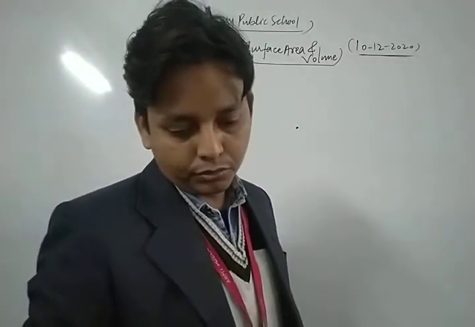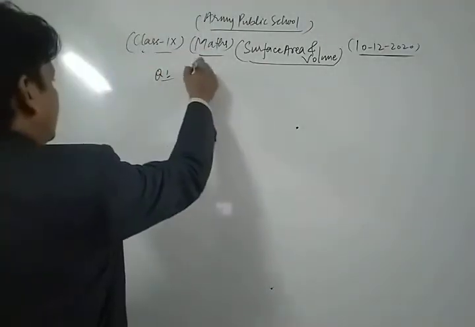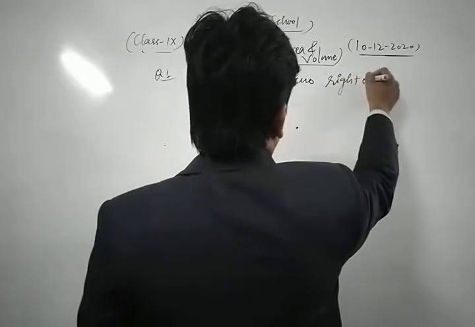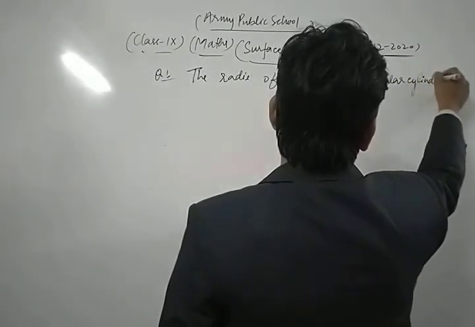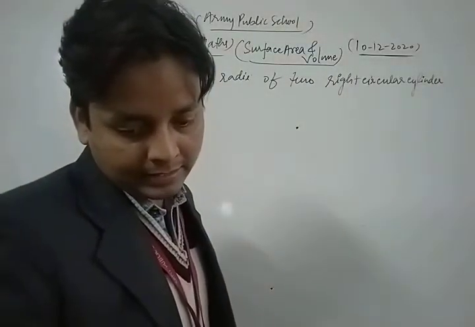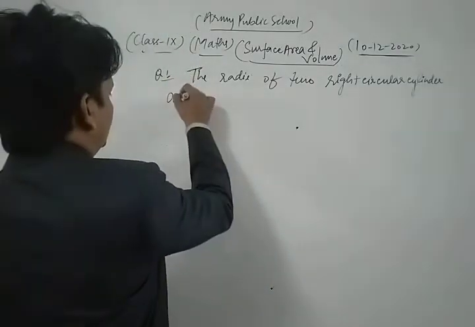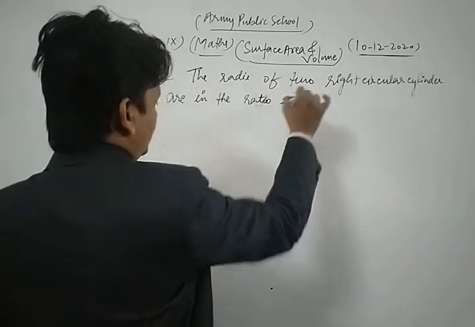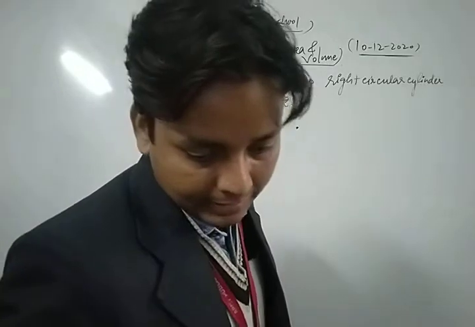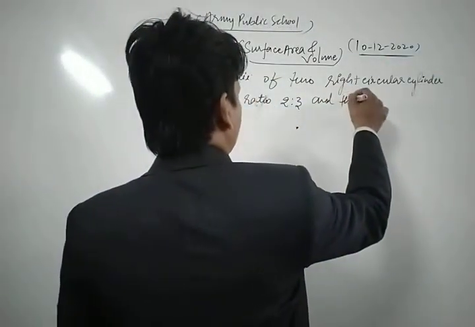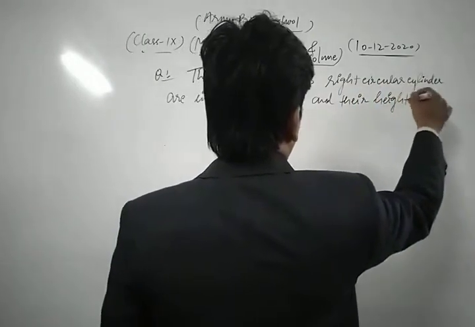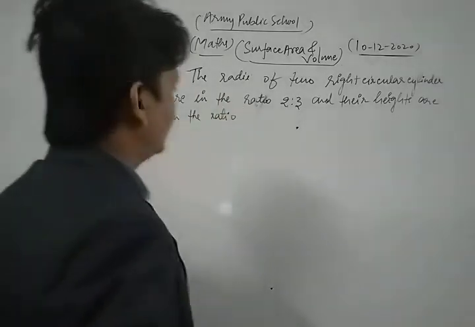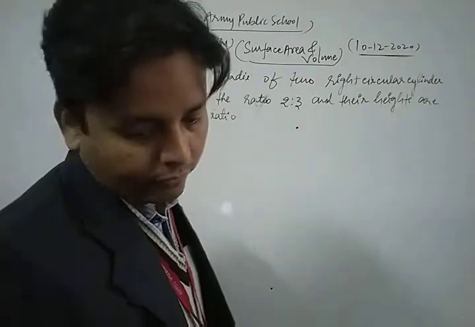The radii of two right circular cylinders are in the ratio 2:3, and their heights are in the ratio 5:4.